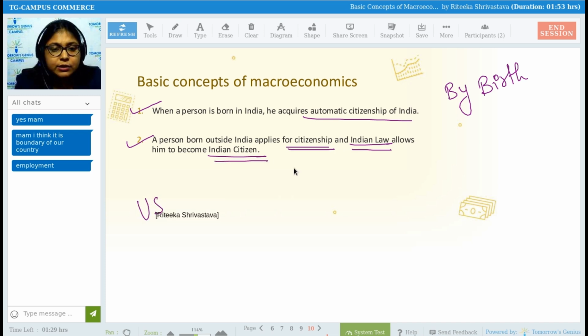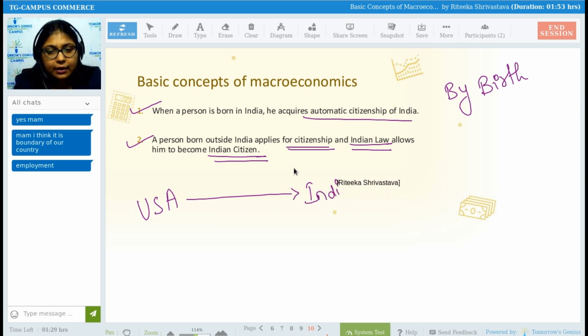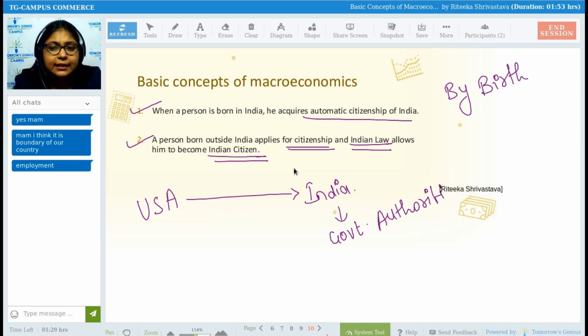Now suppose there was one man who has come from USA to India, and after coming to India, he has applied for citizenship from government authorities. After satisfying a few of the conditions, the government will finally say, okay, fine, we will give you the citizenship of India.